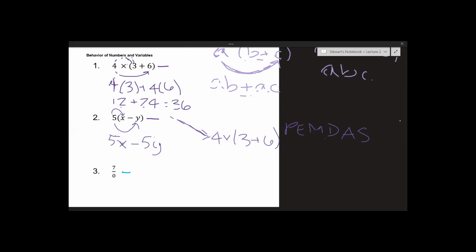As well as with addition and subtraction, they're in the same league, so you can deal with them left to right. You don't have to do one before the other, even though one comes first in this acronym. The only ones you have to account for separately are parentheses and exponents.